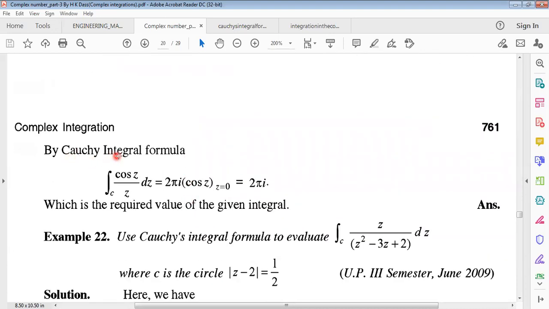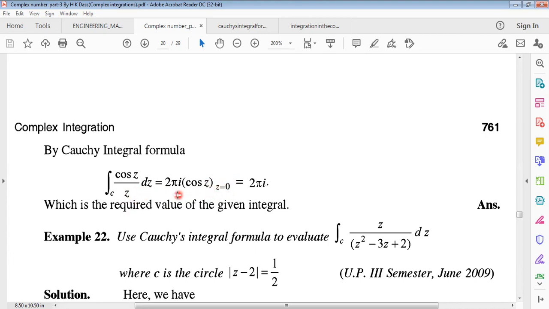So by Cauchy integral formula, cos z divided by z dz can be written with f of z as cos z. z minus a, a means 0 here, z minus 0.